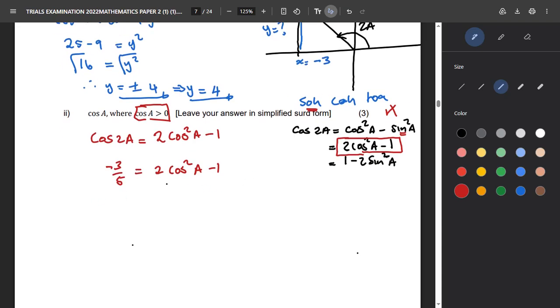Let's bring the 1 to this side. Let's add the 1, and this leaves me with 2 cos squared a. Can you please assist me with your calculator? What do you get when you punch this on the calculator? What is minus 3 over 5 plus 1? What do you get?